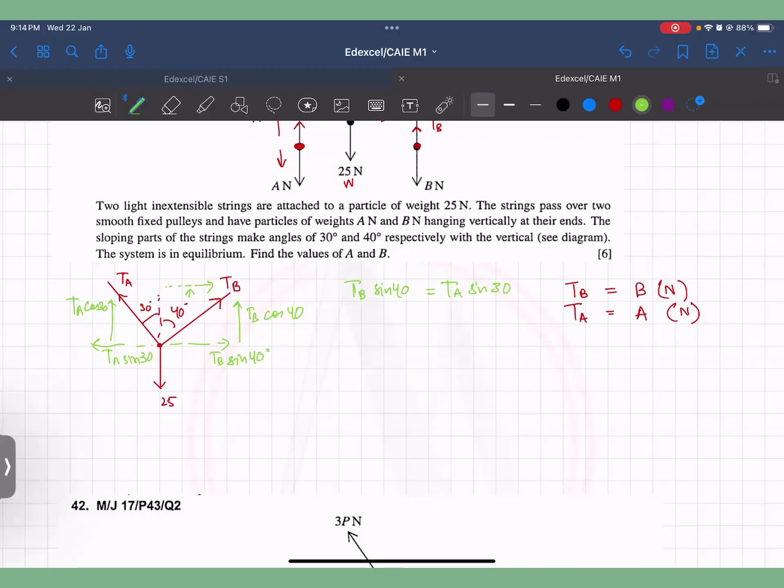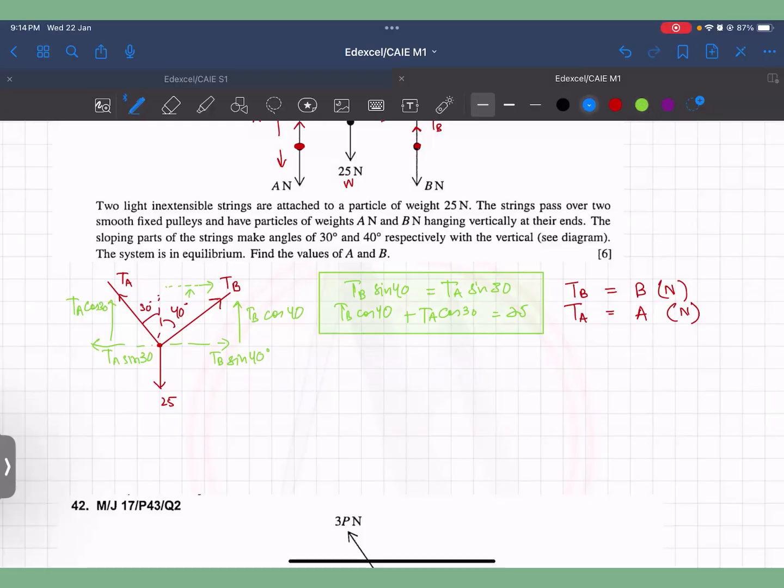The second equation is vertical. You have two forces upwards, TB cos 40 plus TA cos 30, which equals the downward force, 25. So you found these two equations, and now you solve them simultaneously.